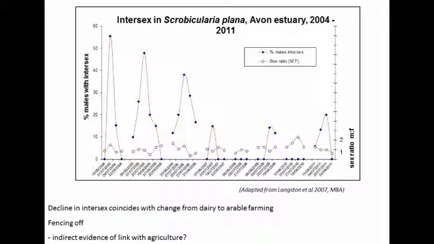Although that is purely correlation, we have no cause and effect data, no firmly linked data for that. But it just serves as an example to show that possibly there's a link between how livestock is being managed within the catchment and what we see down in the estuarine end.